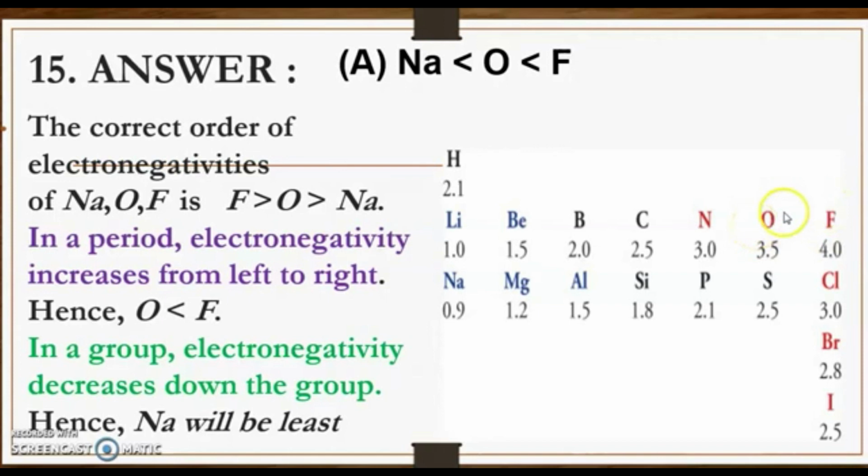Oxygen is next to fluorine, and its electronegativity value is 3.5. But sodium is in the next period, the third period, and it is at the extreme left, therefore its value will be low. The value is only 0.9. So the increasing order is sodium, then oxygen, then fluorine with the highest value.